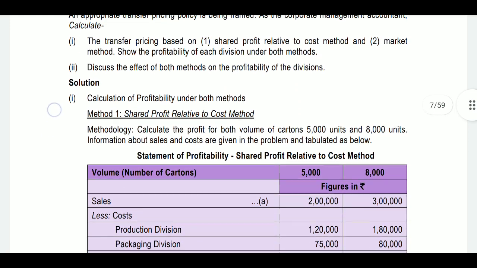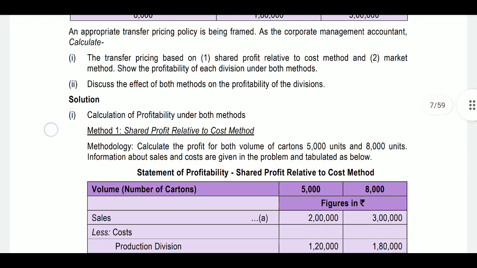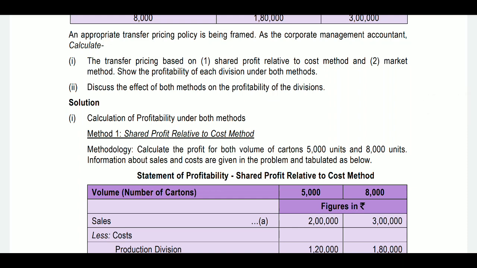We will calculate transfer pricing based on the shared profit related method, that is, the cost method, and the other one is the market method. In the market method we use the market price, and in the cost method we use the cost price. First we calculate the profit, and the profit will be distributed according to their volumes.